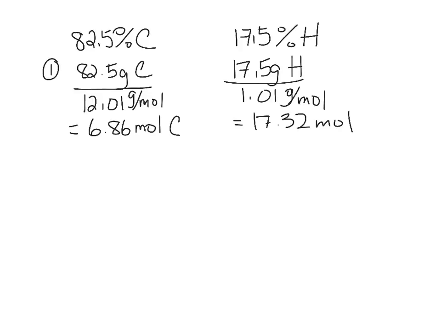All right. Which one of these two numbers is the lowest? 6.86. So now you're going to divide both numbers by 6.86, and this will give you our mole ratio.